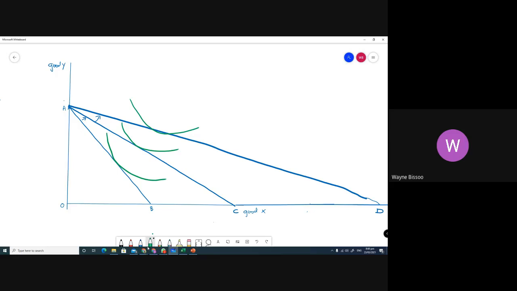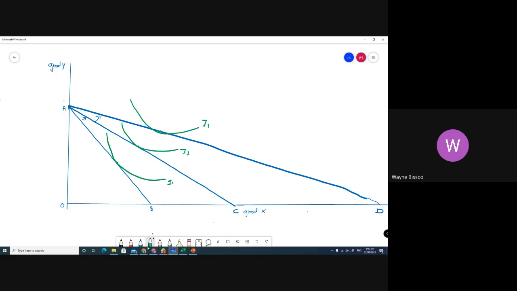See that? So we went from I1 to I2 to I3. Let's just imagine that they are tangential at these points. So we have 3 budget lines there.